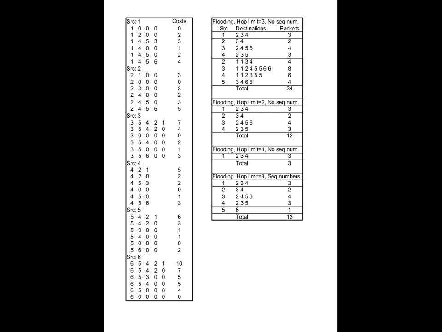Because the cost of the path from 6 to 1 is simply 4 plus the cost of this path, which is 6 here. So if we had a path from 5 to 1 at a cost of less than 6, then there is a shorter path from 6 to 1.